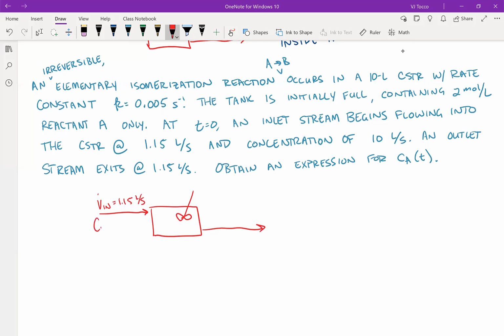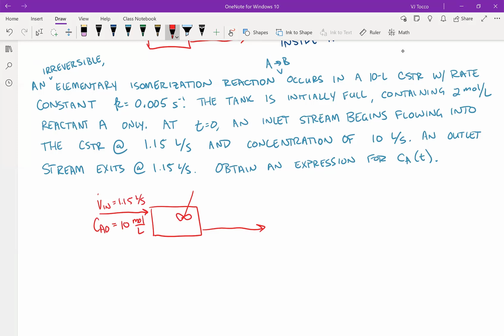I have to be very careful with my notation here. So I'm going to have CA0, which I'm going to call the concentration of the inlet stream, 10 moles per liter. Got to make sure that I keep my units organized as well.